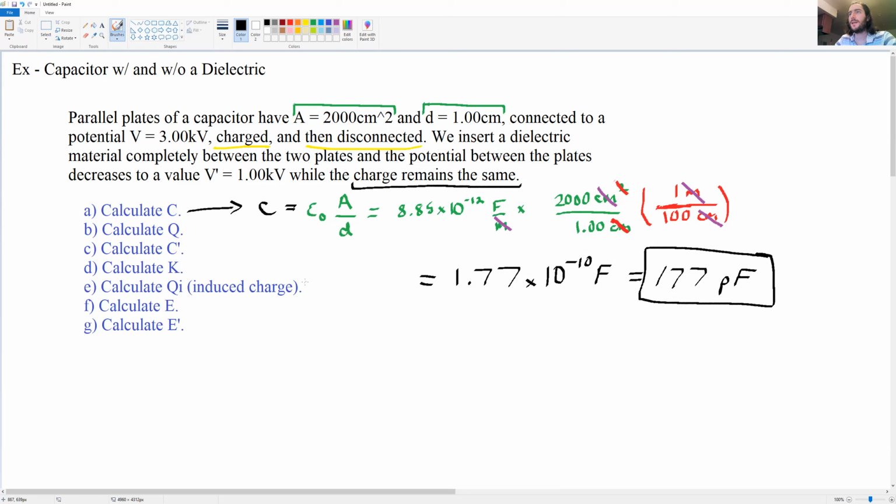Now, how do we calculate Q? Right? How do we calculate Q? So now we want to do part B here. Is there a particular equation that we should use?